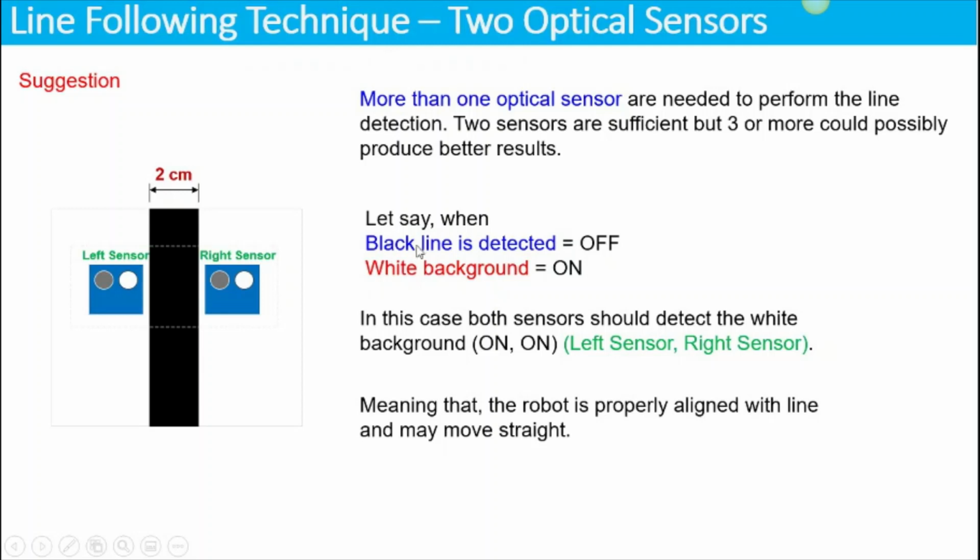Let's say when the black line is detected, it will give a low signal to the Arduino, and when the white background is detected, a high signal will be given to the Arduino. For the ideal case, both sensors should give a high value to the Arduino, meaning that the robot is properly aligned with the line and may move straight. When this condition happens, the robot is properly aligned with the black line, and it will move straight.